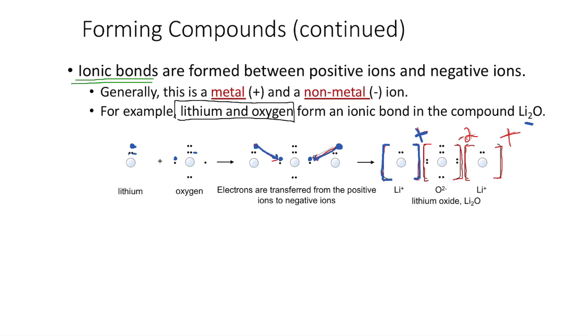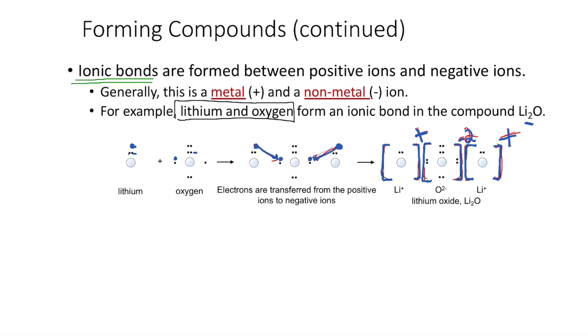So for the O2 molecule, it has gained 2 electrons. Sorry, O2 minus, not O2. So we've got the -2 charge on it with the square brackets. And then the last lithium plus, again, it's lost 1 electron, giving it an overall positive charge.